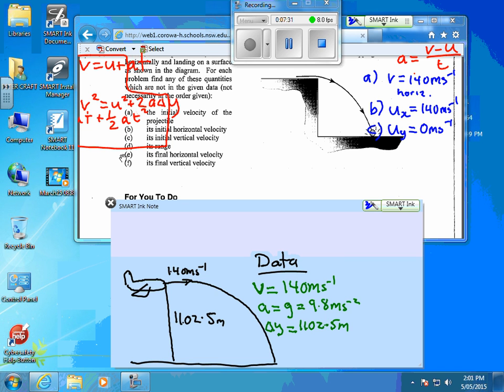Now the range is the more difficult one. This is where we start having troubles. I have a couple of formulas which I've just whizzed off there, which are hard to read.